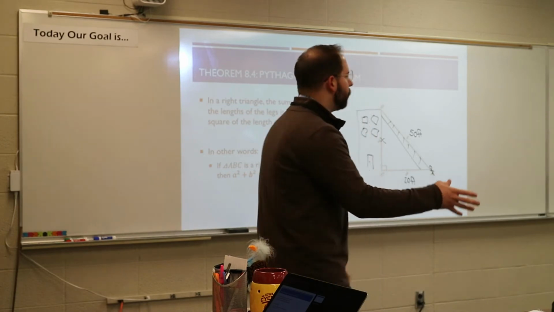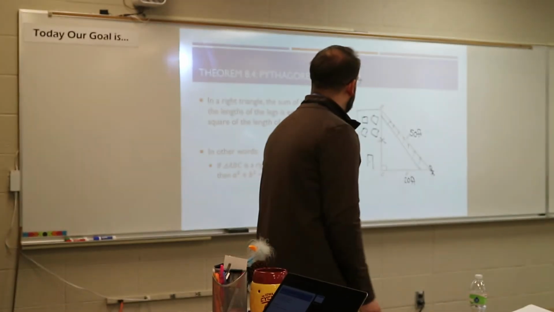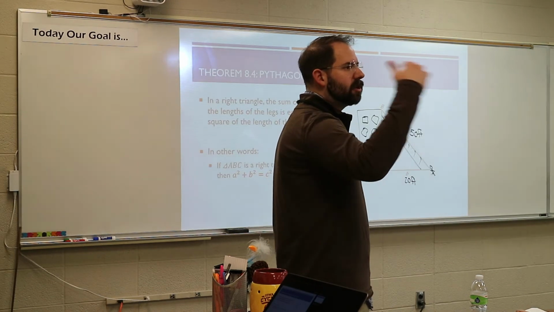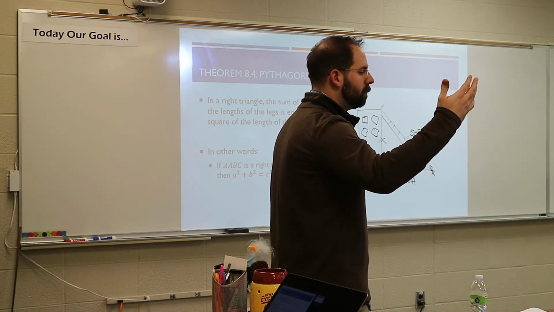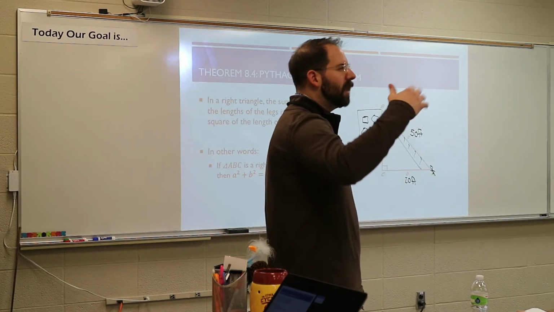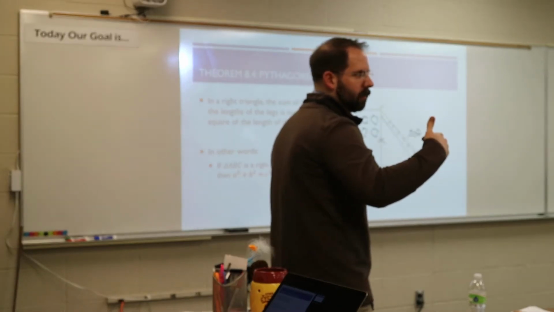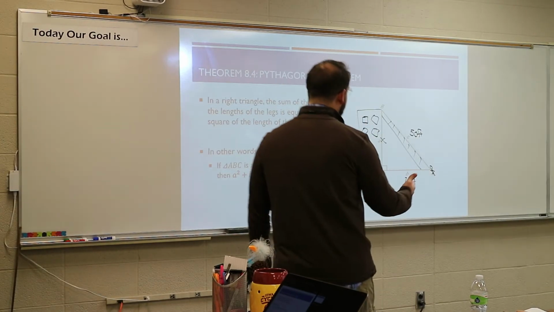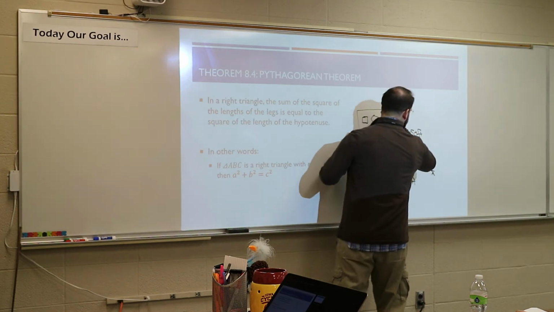Now, just think about it for a few seconds. If that was my problem, common sense, is the building really tall? Well, what should the height of the building be less than? The ladder. Yeah, exactly. It has to be less than the ladder, because the ladder is literally leaning up against the building.